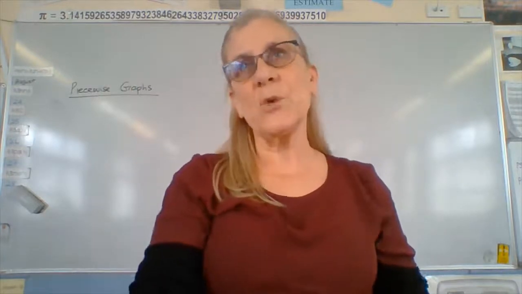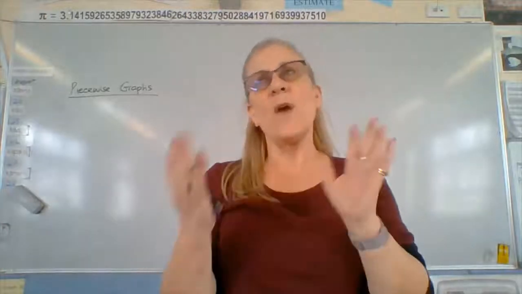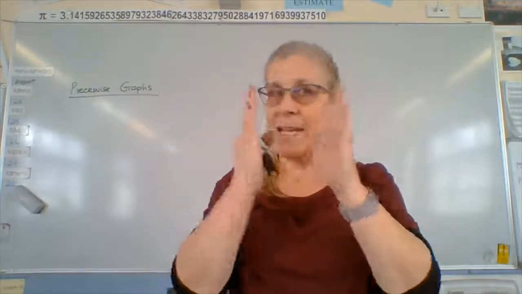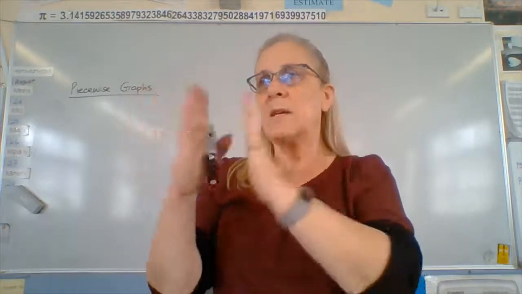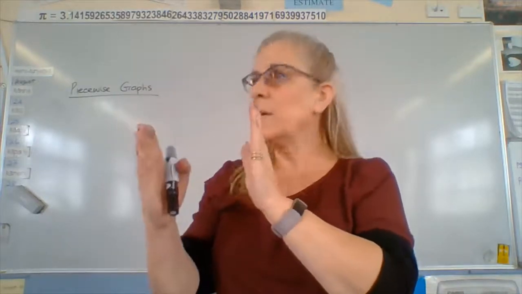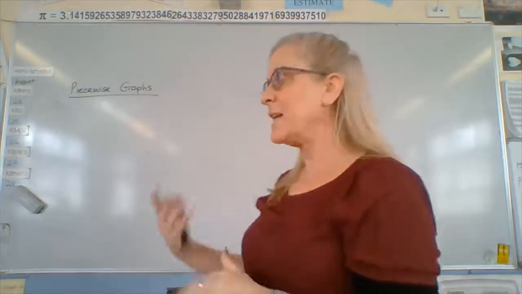So what a piecewise graph means is that you have to actually be able to dedicate a certain part of the graph by making the domain between two things. All right, so we talked about this when we introduced the domain ages ago.